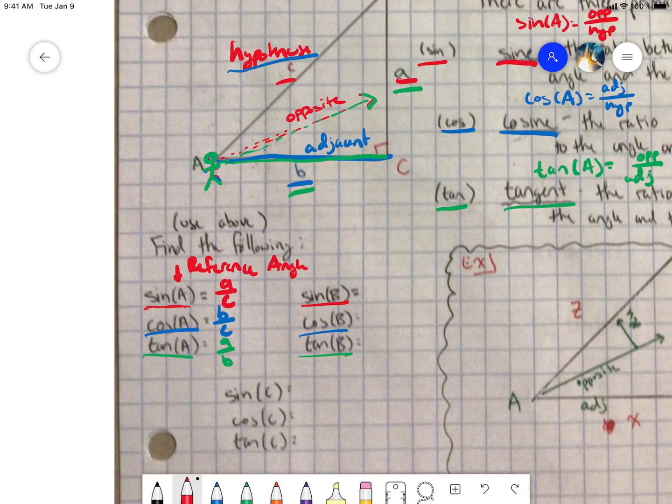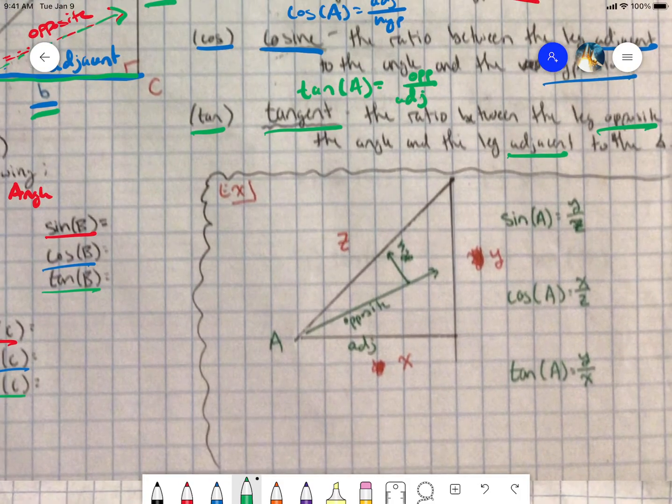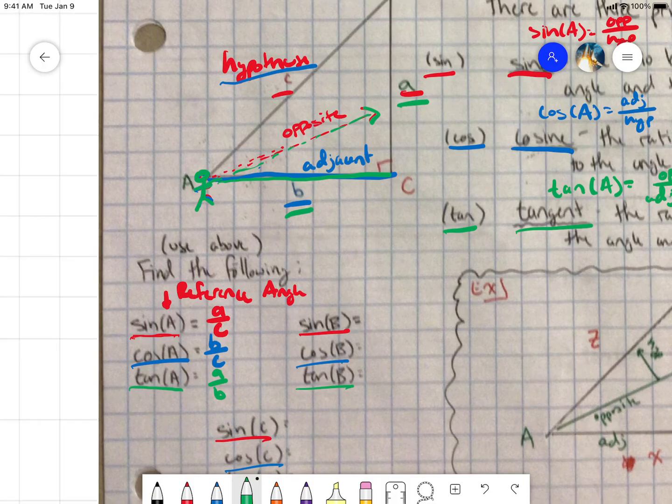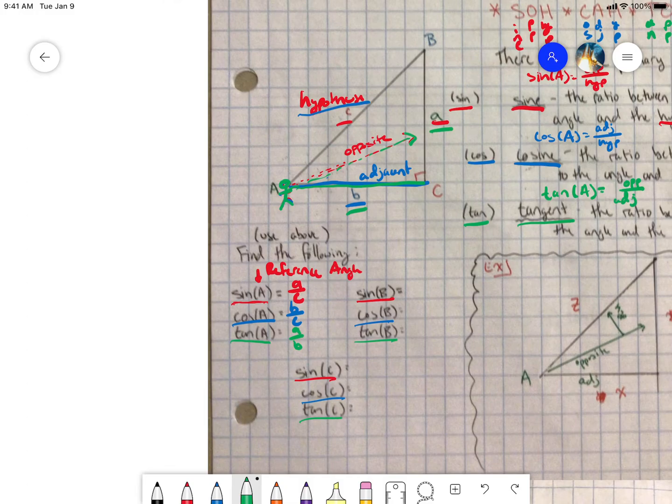And then I want you to rack your brains a little bit on this one because this one's tougher: sine of C, cosine of C, and tangent of C. I have a little diagram over here to the right, which helps explain it as well if you use X, Y, and Z instead of always using A. But this is just an example. I want you to use this diagram and try to tell me what sine of B, cosine of B, tangent of B is, and then sine of C, cosine of C, and tangent of C.